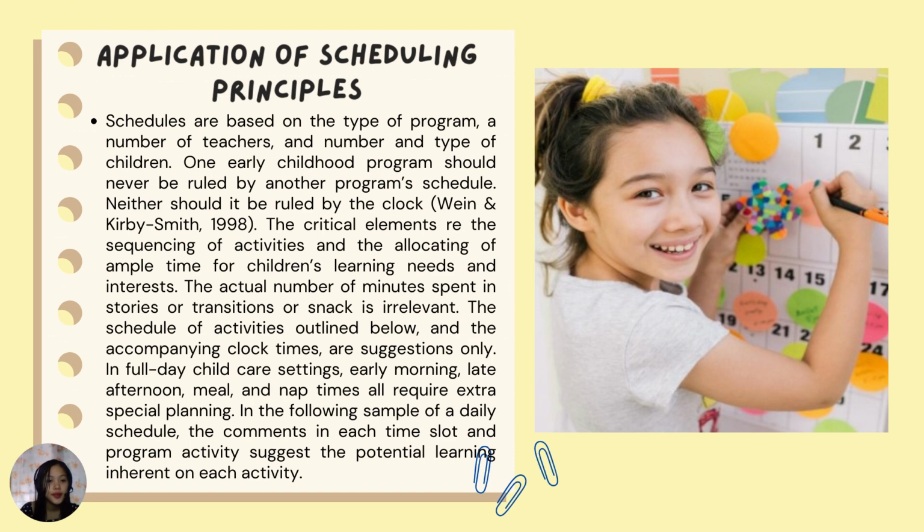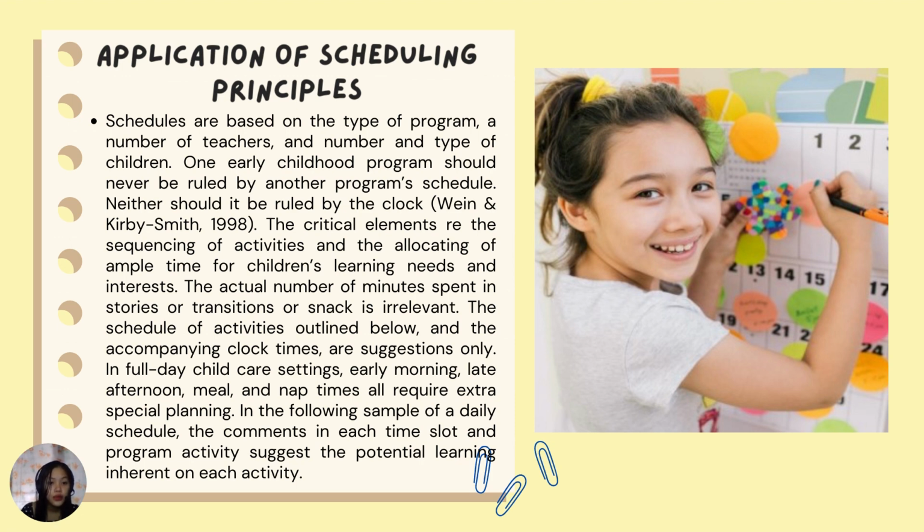Next, application of scheduling principles. Schedules are based on the type of program, the number of teachers, and the number and type of children. One early childhood program should never be ruled by another program's schedule.